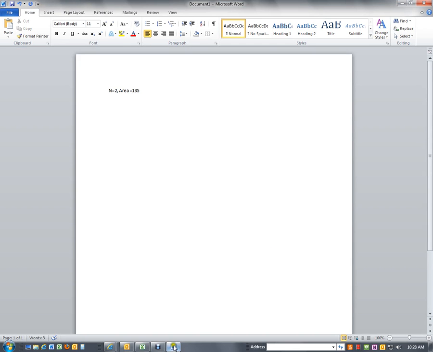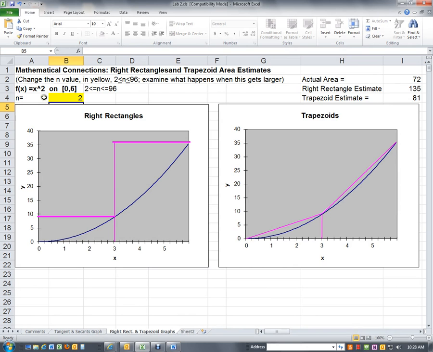Is that correct? That seems wrong. Yeah. So when n equals 2, my right rectangle area is 135. And you'll continue to increase that and document that from 2 through 40, raising it by 2.